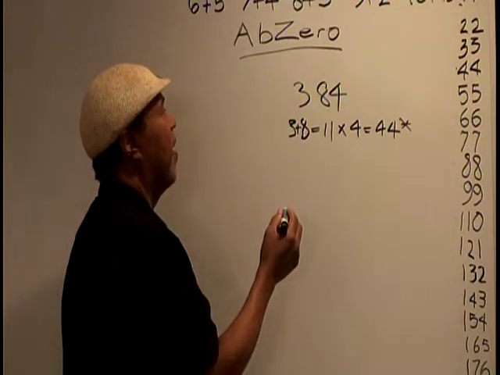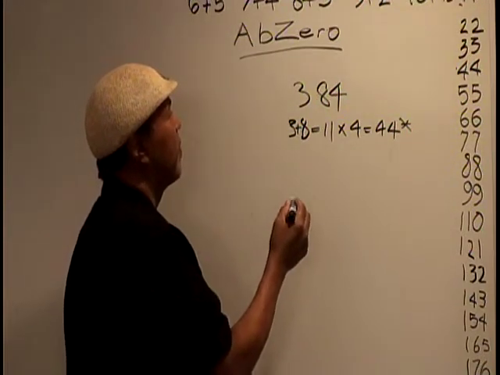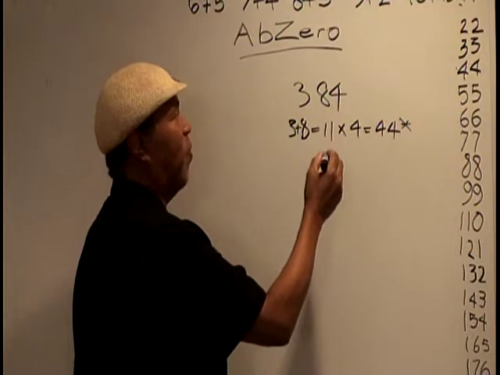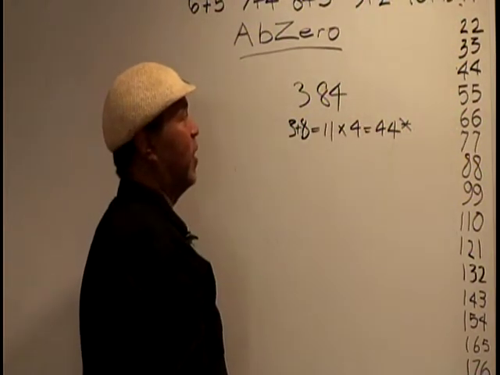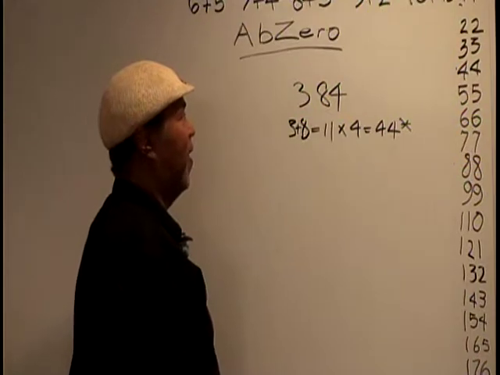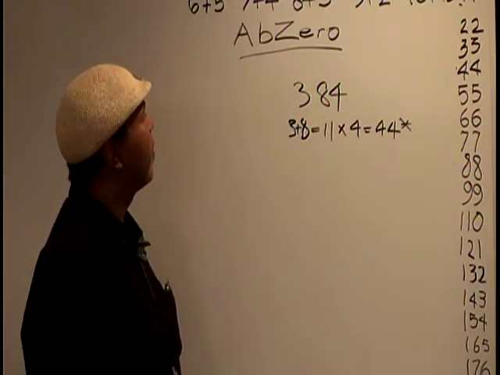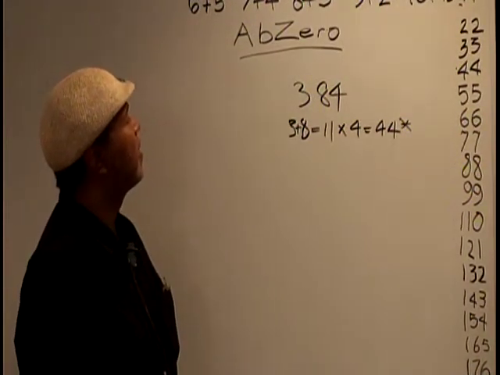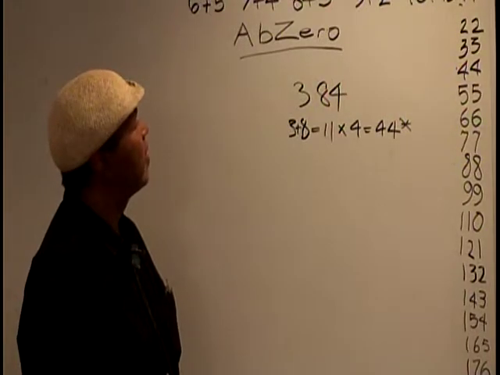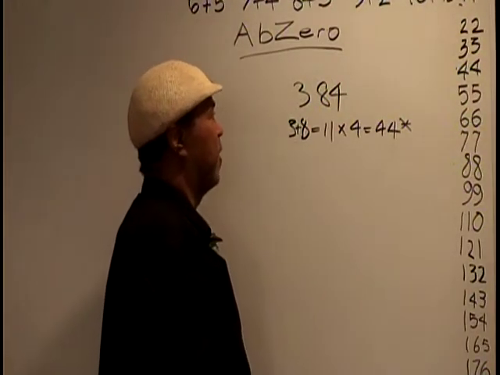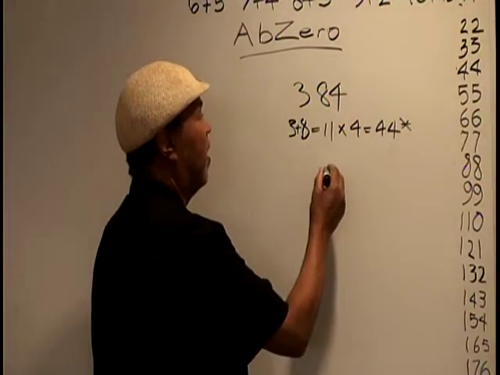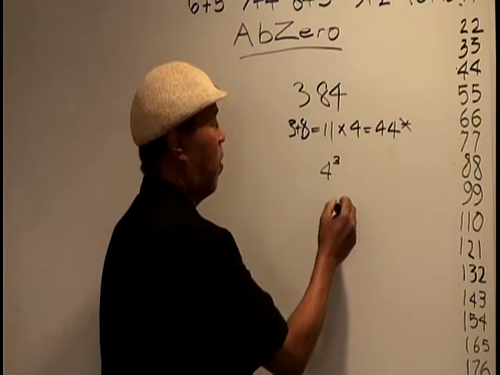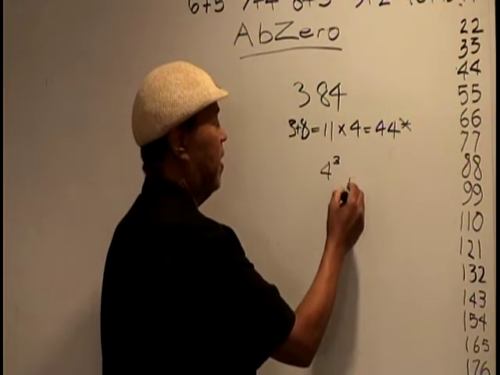So we could go 3 times 4 equals 12, plus 8 would be 20, and 20 doesn't make it up to 22, so that's no good. I think we've run just about through them all. Okay, I'm doing some exponents. 4 to the third power is 4 times 4, squared, would be 16.